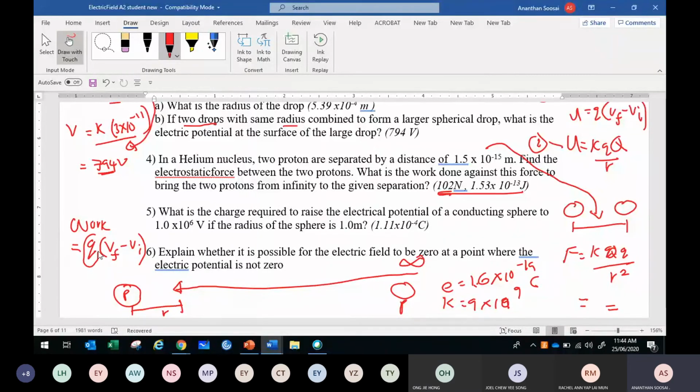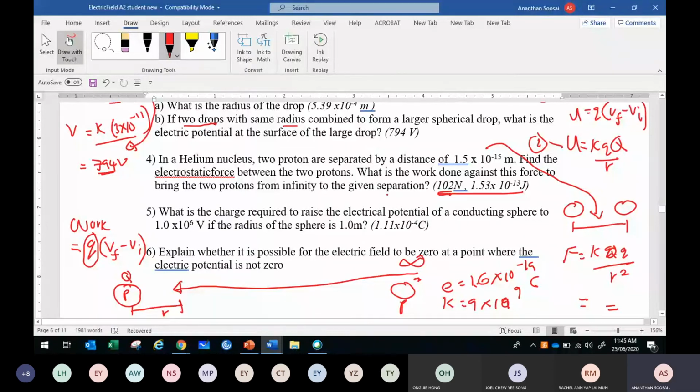One of them is the test charge, one of them is the center charge. It's okay because both are the same. You imagine one is capital Q, the center charge, another one is the test charge moving closer. But in your mind, work is q times final potential minus initial potential.